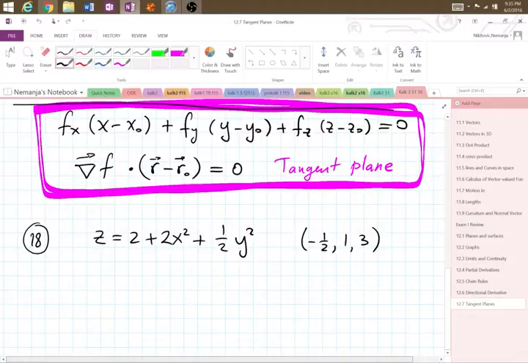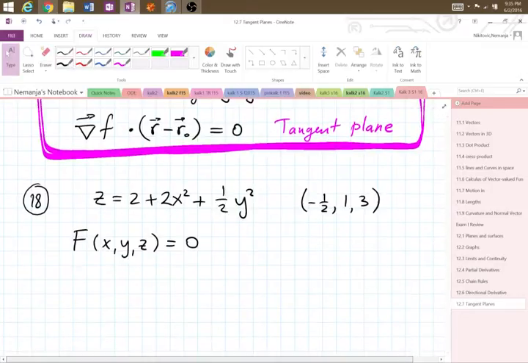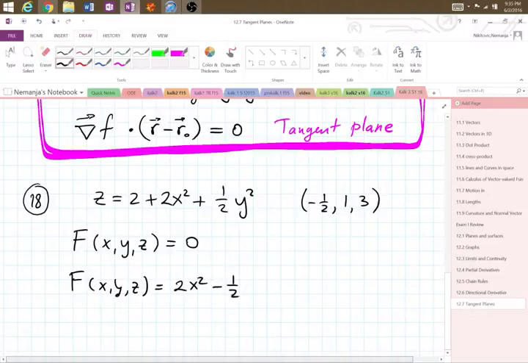So we are going to first find the implicit form of the problem, and that would be that f of x, y, and z is equal to 2x squared plus 1/2 y squared minus z, and then plus 2. I'll put plus 2 at the end. Equal to 0.